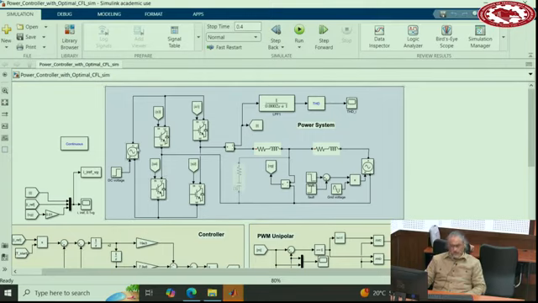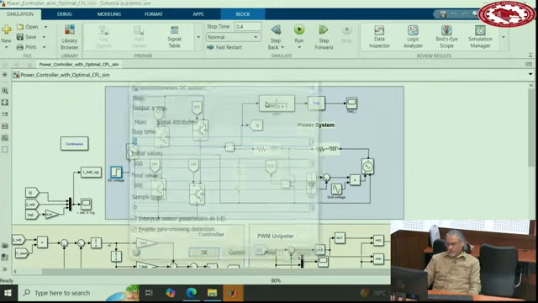Here we have a DC voltage. We use a controllable source because we want to change that. We apply disturbances. On the right side, we have one inductor and then one grid. You may want to add impedance here for the grid as well to make it a more practical situation. And then this current you measure.